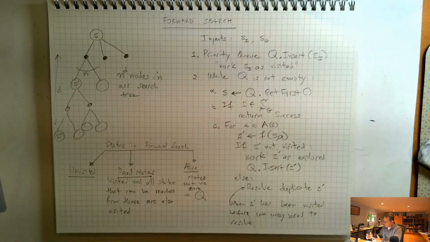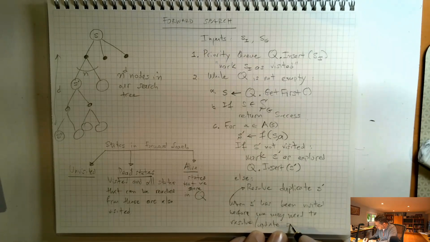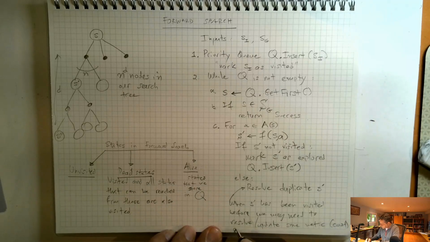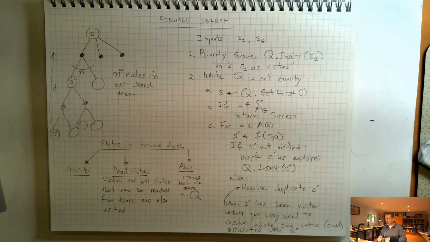In some algorithms, by resolve we mean some kind of update, for example updating some metric, let's say the cost associated with the state S prime. That is really the job of the last line of that forward search algorithm.